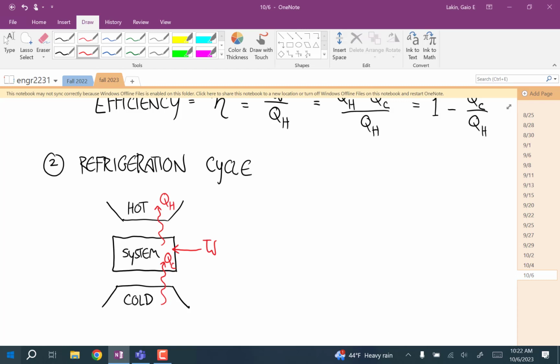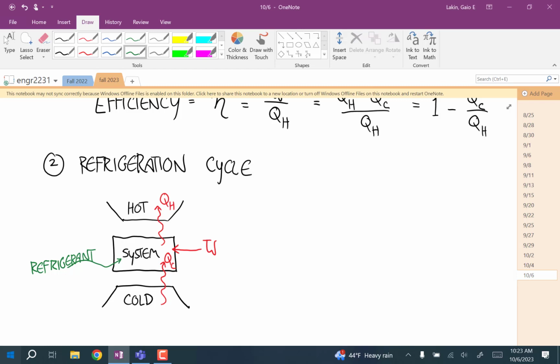So your system is the refrigerant as it goes around its whole path. The work is done by compressing the refrigerant to raise its temperature.